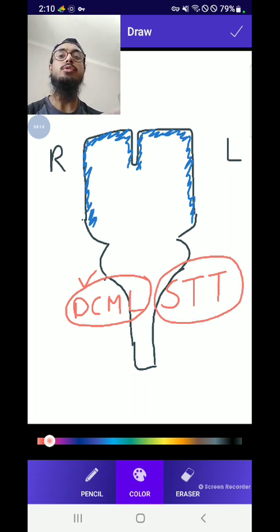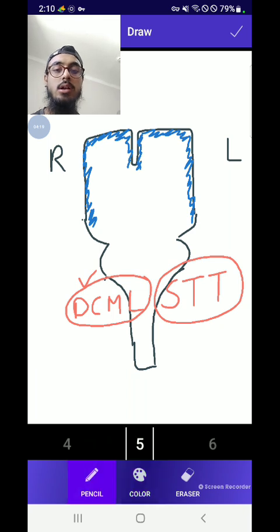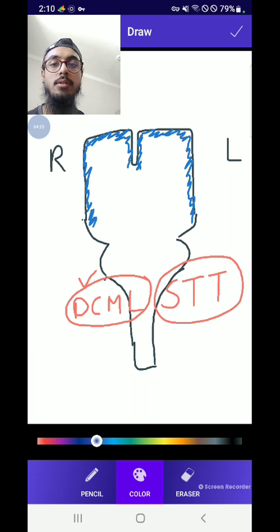Spinothalamic means it moves from the spinal cord towards the thalamus. Here I draw the thalamus structure in the brain. Here is the thalamus, right side and left side.